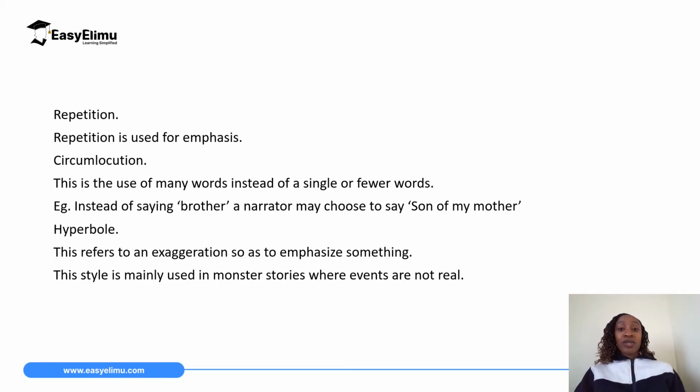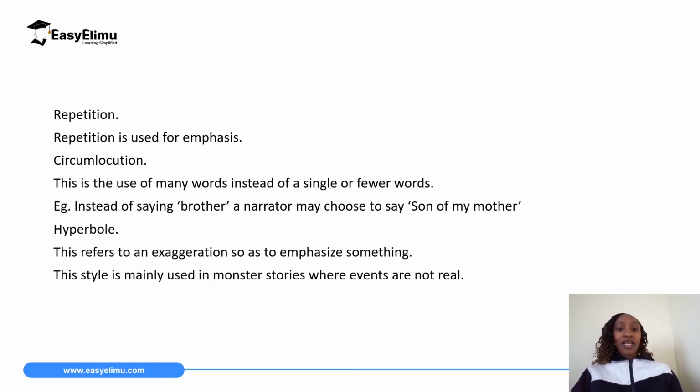Hyperbole is also another stylistic device that is used in oral narratives. And hyperbole simply refers to exaggeration, to exaggerate something. You're trying to say something, but you exaggerate. And it is used so as to emphasize something. It can be used mostly in monster stories where events are not real.